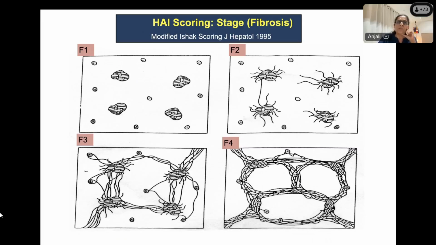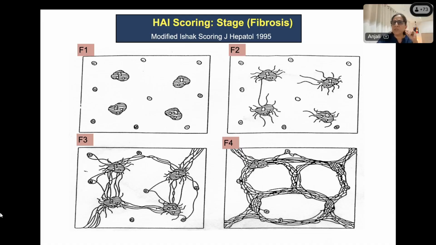F1 is portal fibrosis, that is a slight increase in connective tissue within portal area. F2 is periportal fibrosis, few fibrous tags which go away from portal area. Some of them try to reach another portal area. F3, as you can see, there are fibrous septa going from one portal area to another, and from one portal area to hepatic vein. While stage 4 fibrosis is development of liver cirrhosis.